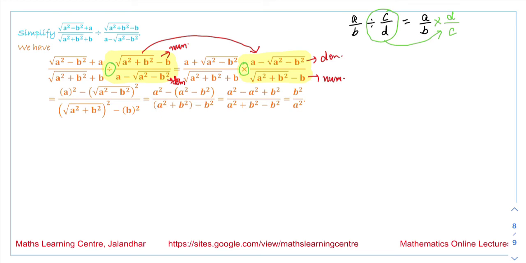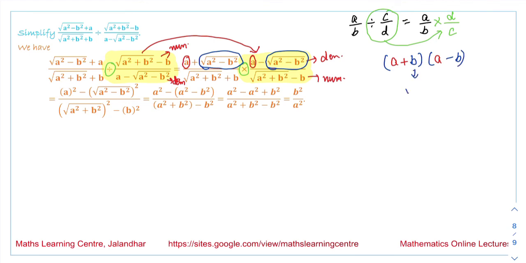Now we have this number a, and this number square root of a square minus b square. So the expression is in the form (a plus b) into (a minus b), and the formula is a square minus b square.